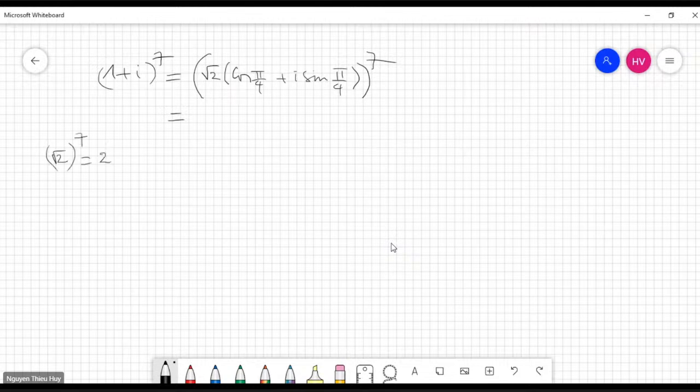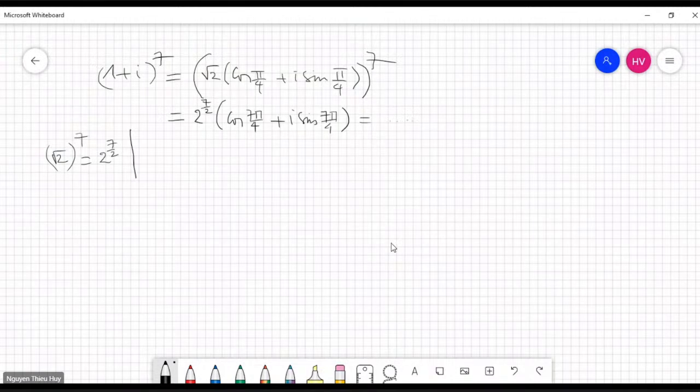You can write simply 2 to the power 7 half, so that you don't have to write too much square root. So I write here 2 to the power 7 half, and then here cos 7 pi over 4, you know? i sine 7 pi over 4, and now we compute further by using the fact that this is pi fourth plus pi. Yeah, then you can do this further.